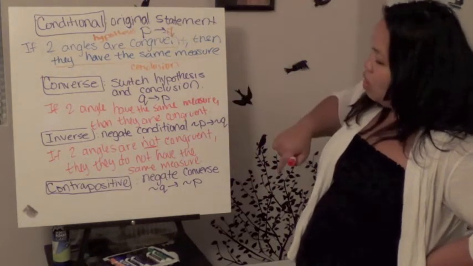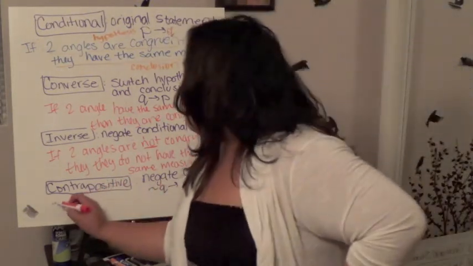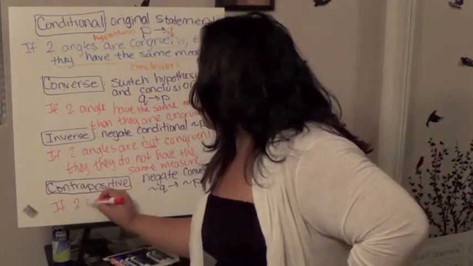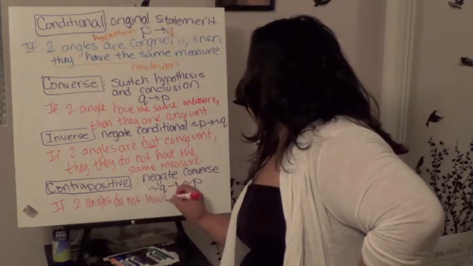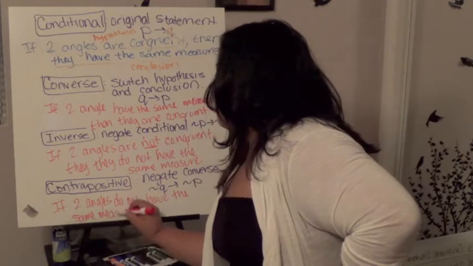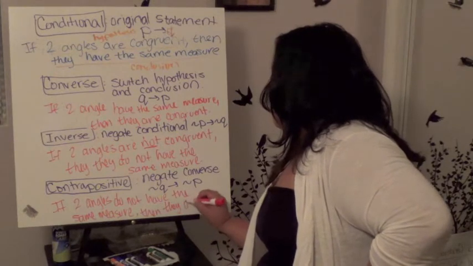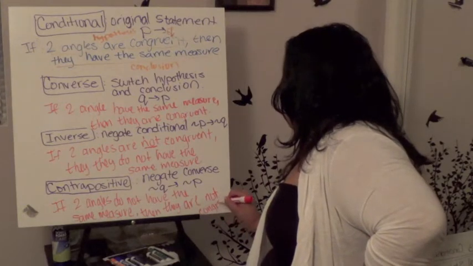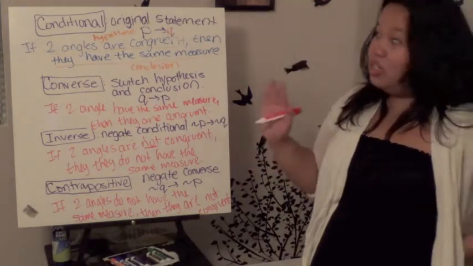And finally, the contrapositive is we're going to take the converse and do the same thing. We're going to negate both of them. So it's not Q, then not P. So I'm going to have the same exact one, but I'm going to put not. So if two angles do not have the same measure, then they are not congruent. That's kind of lengthy, but you get the statement.